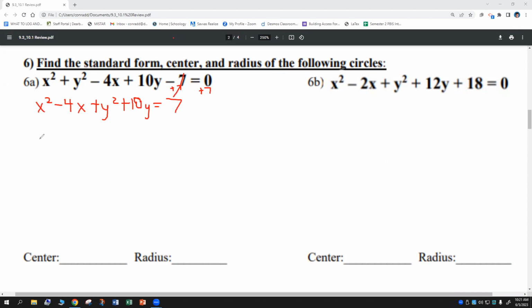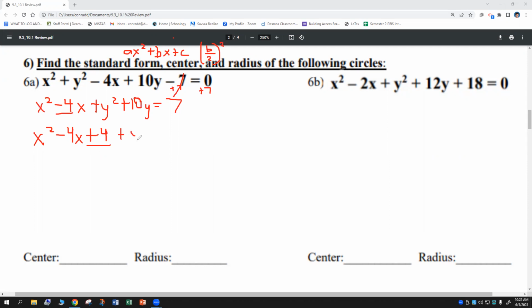All right, next thing, if we remember, standard form of a quadratic is ax² + bx + c, right? We're looking for b divided by 2 and then squared. So for x, the b is going to be -4. So I'm going to do -4 divided by 2, which is -2, and then I'm going to square it. -2 squared is 4.